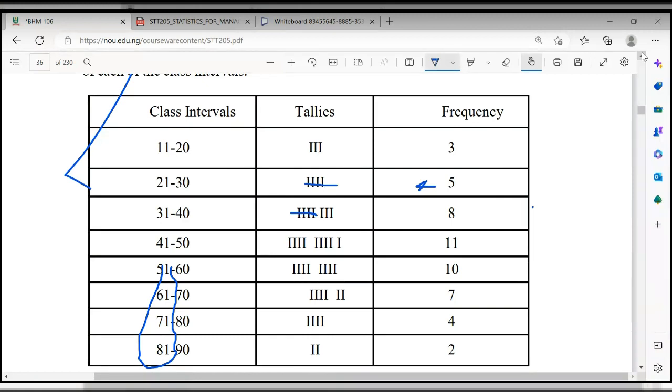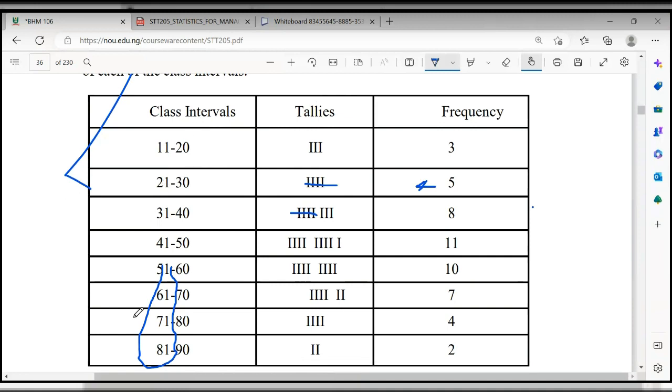Is 20.5 for the first one, or the second one? I'm solving the second one, 21 to 30. I will use the lowest, 21, and add it to the highest boundary of the first one. 21 plus 20 will give me 41 divided by 2. So that is 20.5. That's the lower boundary. Thank you.